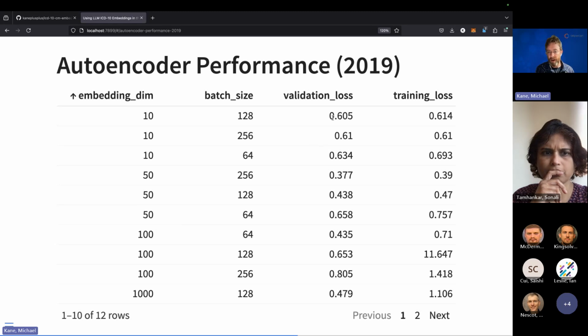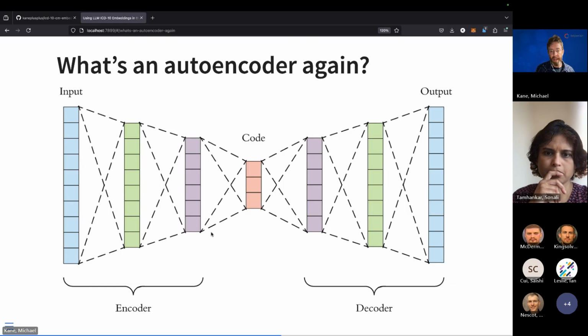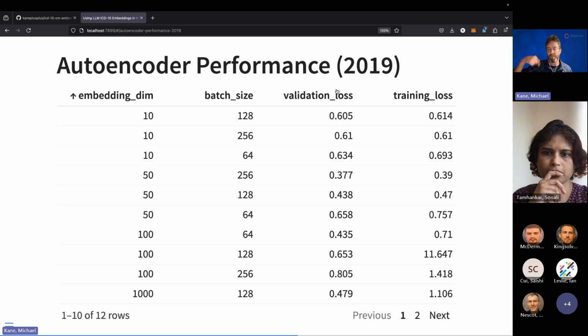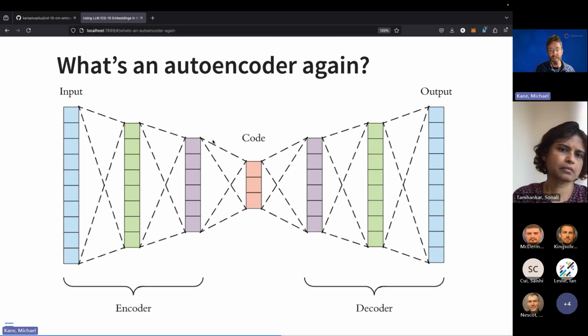What this is showing is that, although there's some variation, in general, as the embedding dimension goes up, my validation loss goes down. So basically, the less I have to compress the data, the more information I'm going to retain.